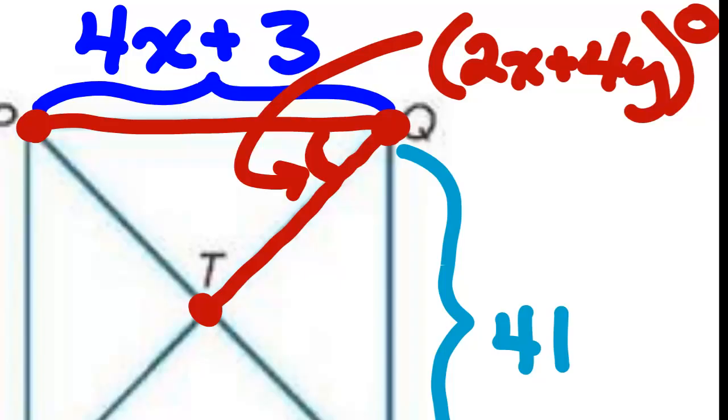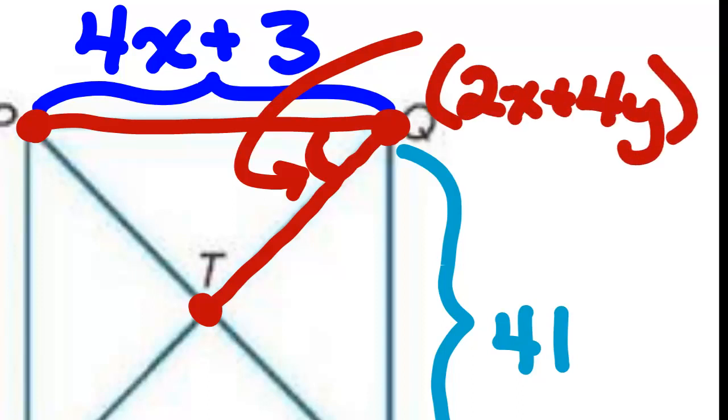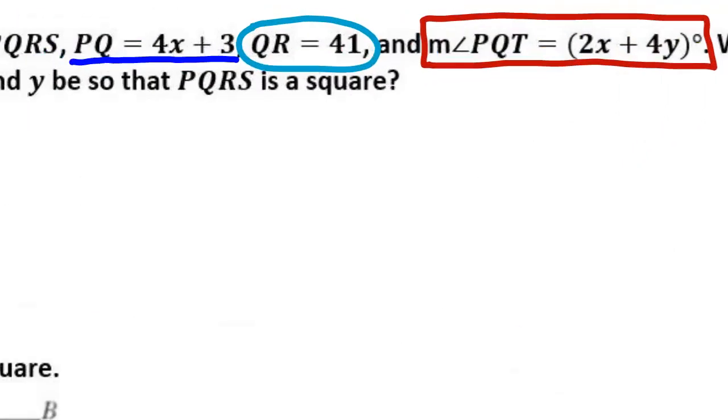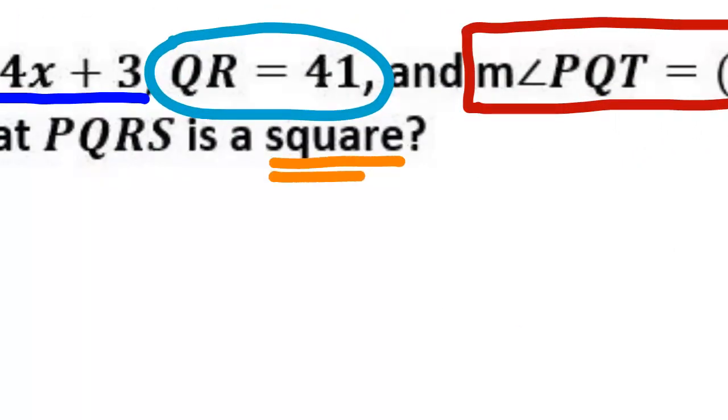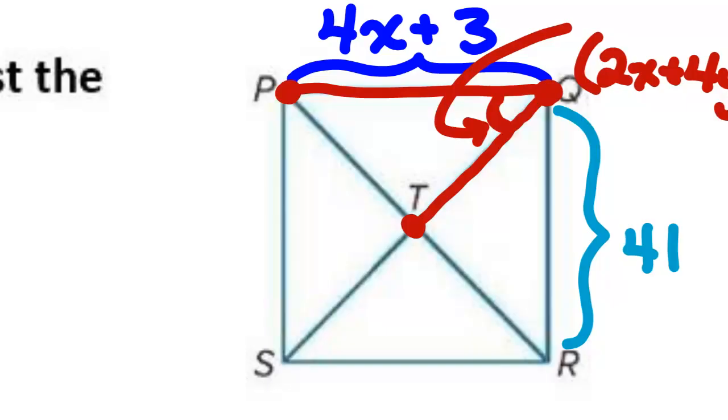That's really hard to see on the board. There, that's a little bit better. All right, so what do we know? Keep in mind, we want to force this to be a square. What do we know about the four sides of a square? They are congruent. They're all equal length. So I'm going to go ahead and mark that on my picture.